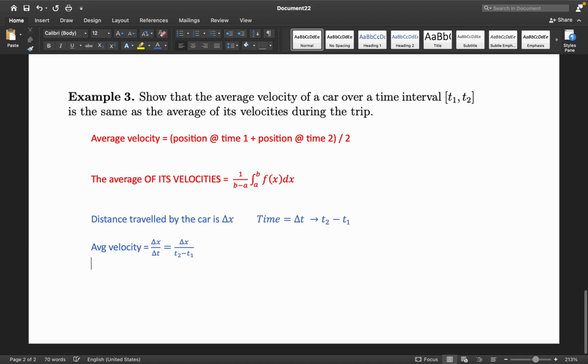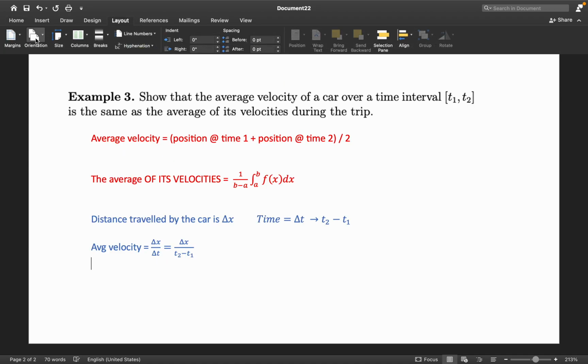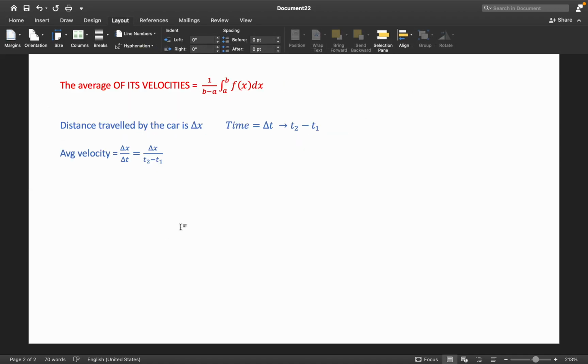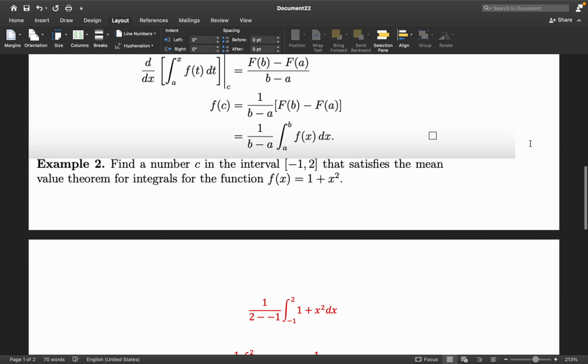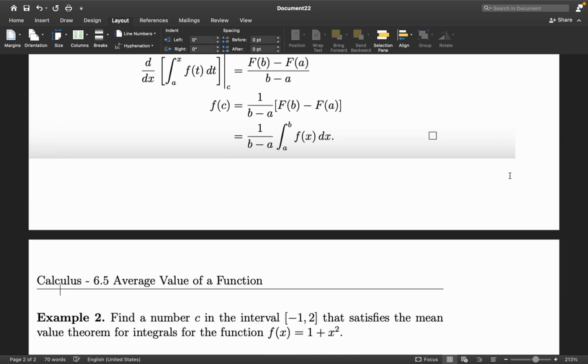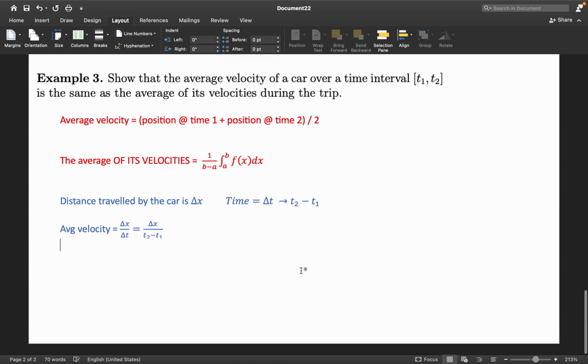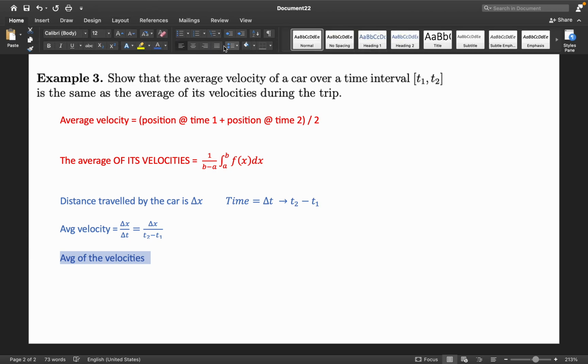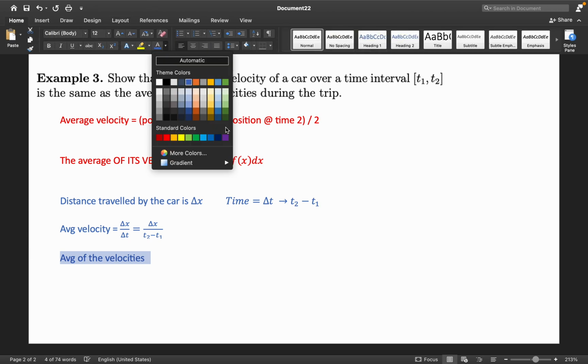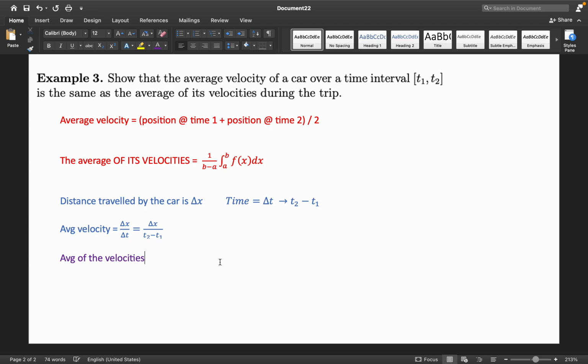If I want the average of the velocities, I'll do this in purple. The average, that's hard to read.